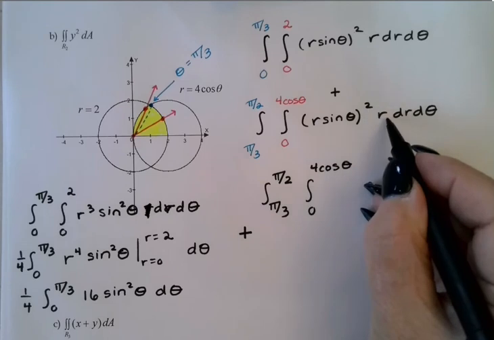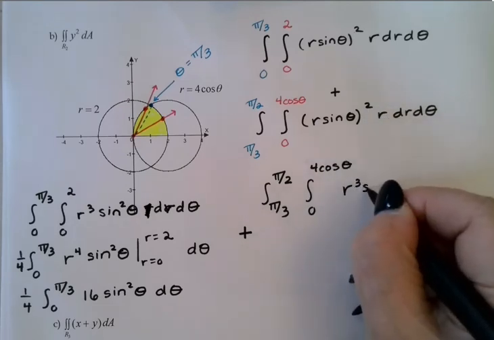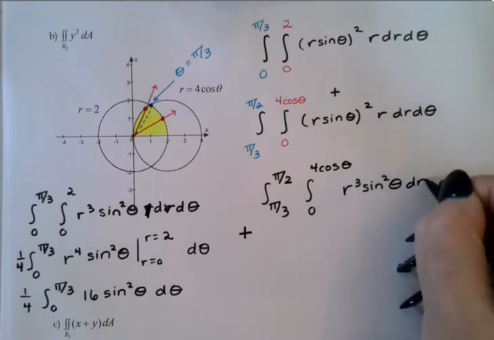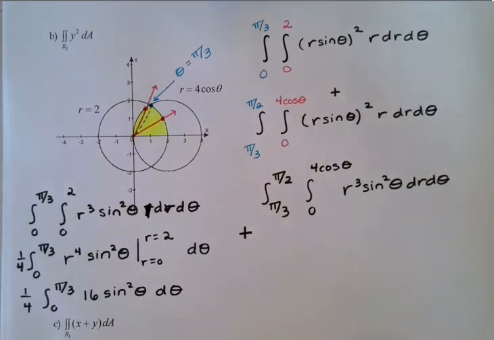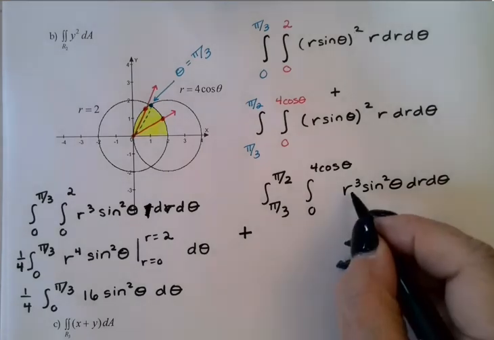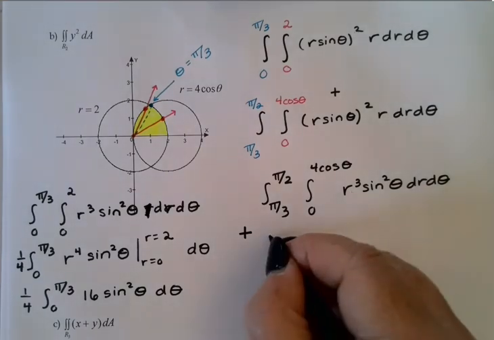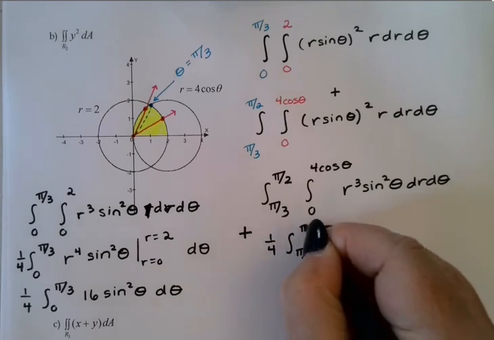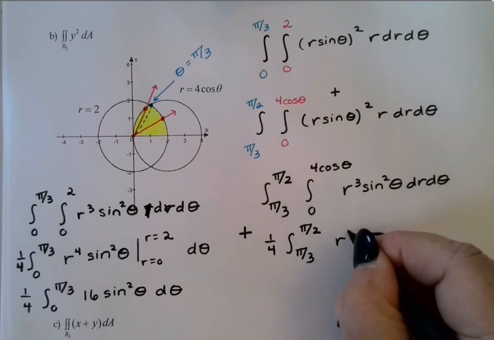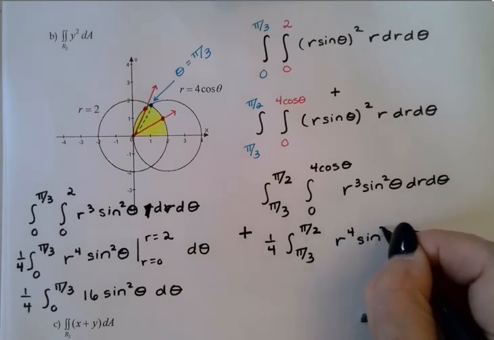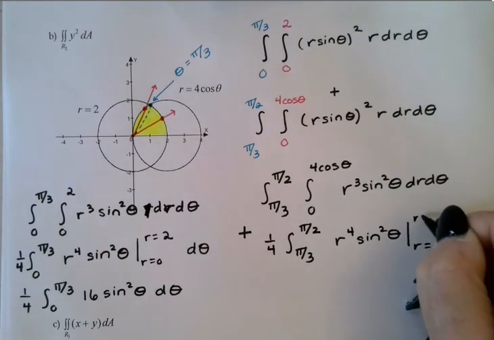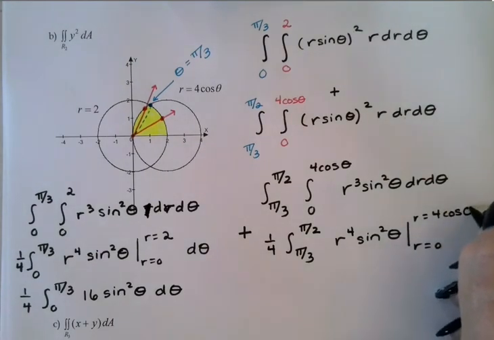once again, r squared times r is r cubed sine squared theta dr d theta. And same deal. If I integrate that, I'll get a 1/4 r to the 4th, so I'll pull the 1/4 out. R to the 4th sine squared theta from r equals 0 to r equals 4 cos theta d theta.